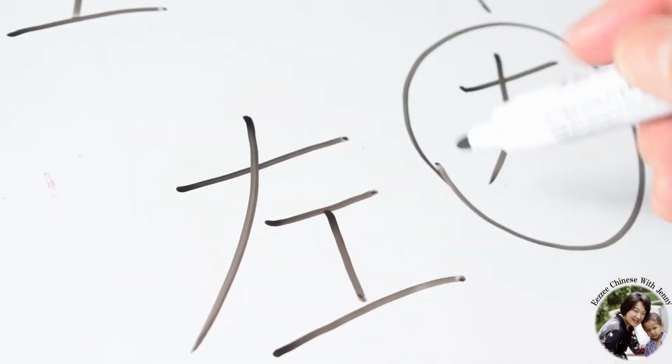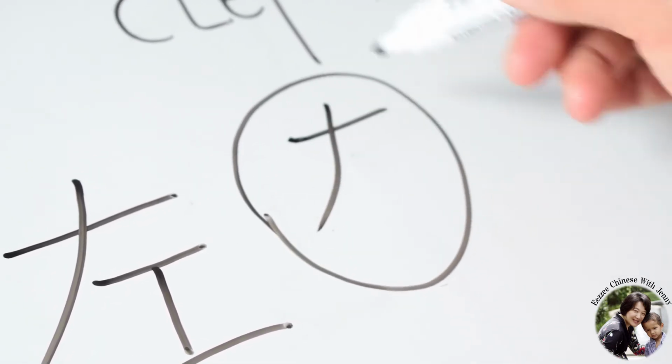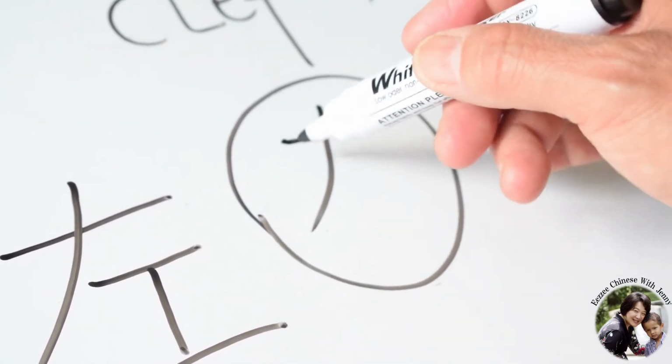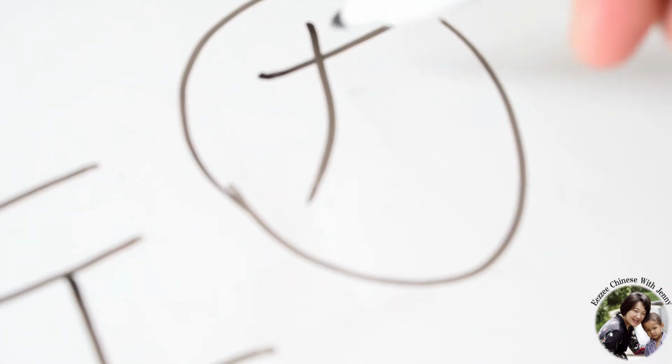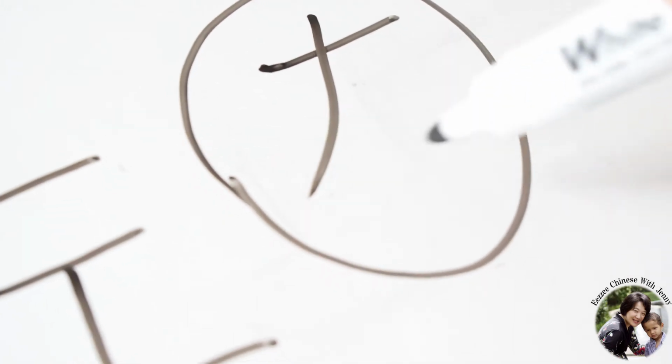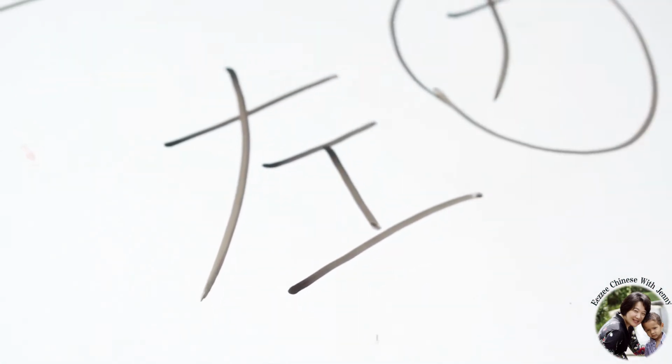In the past, this was like a left hand, but in many characters now, it doesn't differentiate between left or right. It only means hand. But today we learned this character means left. 左.